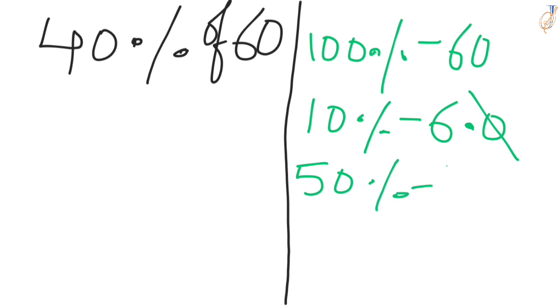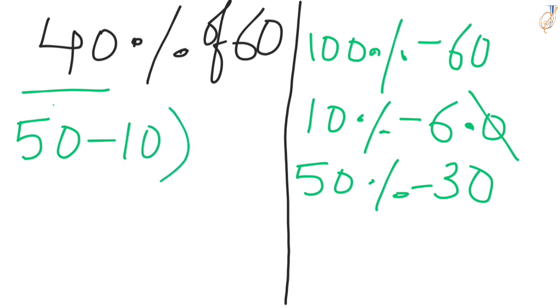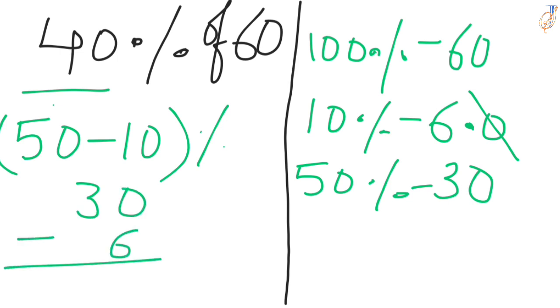Half of 60 is 30. They are asking 40%. So here you have to do 50% minus 10%. That means 50% is 30. Then minus 10% is 6. So if we do subtraction, we will get 40% of 60 is 24.